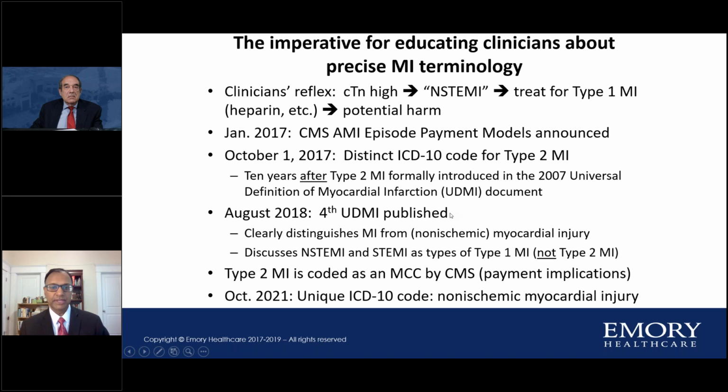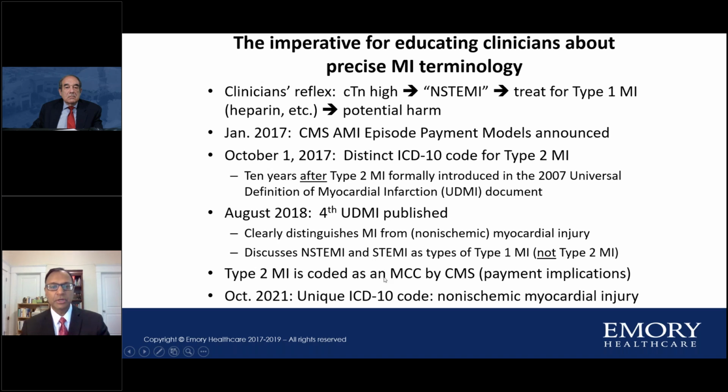The fourth Universal Definition of MI came out in August 2018, which clearly distinguished MI from non-ischemic myocardial injury. And it also discussed NSTEMI and STEMI really as types of type 1 MI, and for type 2 MI, we should avoid using the terminology NSTEMI and STEMI when we're talking about final diagnoses.